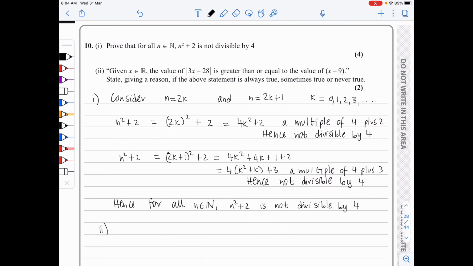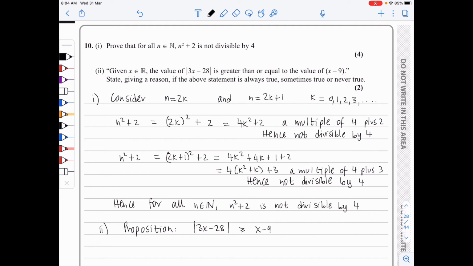And in 11, given that x belongs to the reals, the value of 3x minus 28 is greater than or equal to the value of x minus 9. That's the proposition. So the absolute value of 3x minus 28 is greater than or equal to x minus 9.